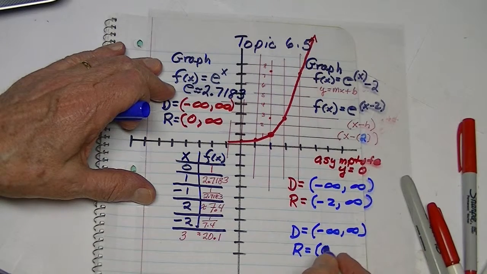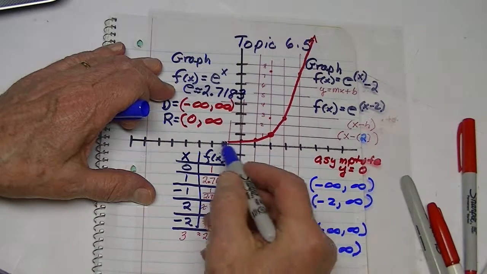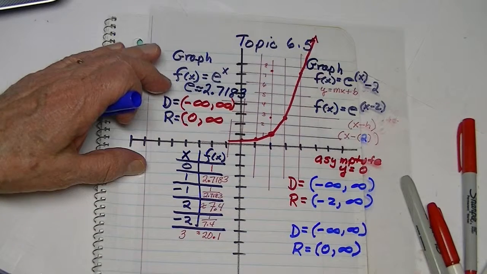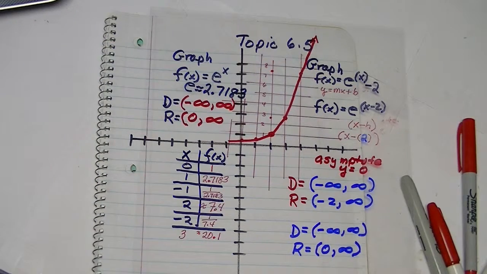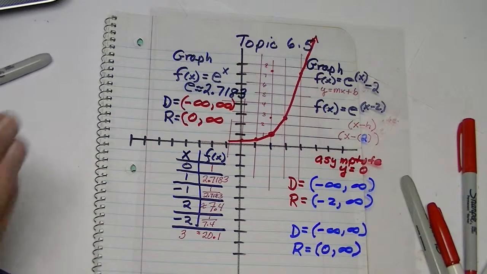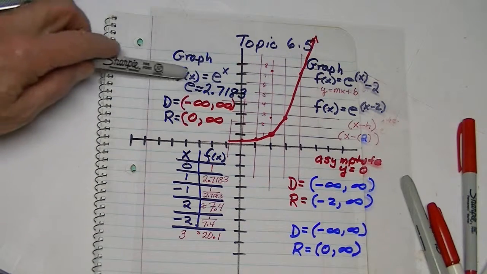That is, starting at 0 and going up to positive infinity. So the use of this transparency, I think, was a good little tool, and hopefully this helps you in seeing what goes on when we graph e.